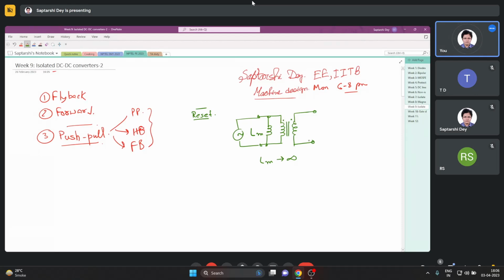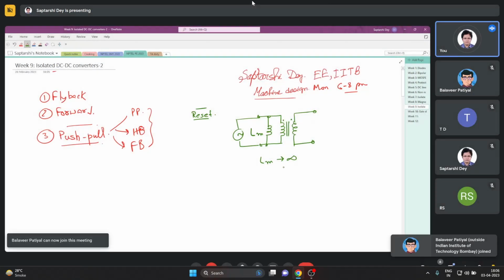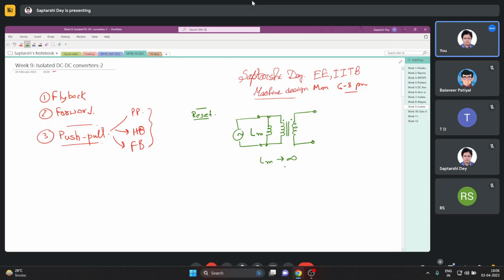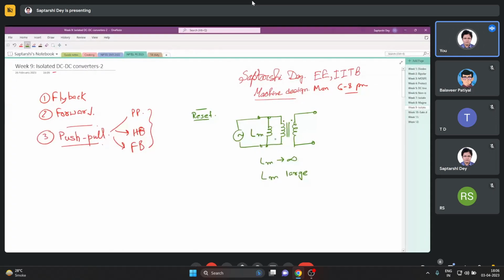But we are making practical converters here, so we cannot have a transformer which has infinitely large magnetizing inductance. We will try to design it in such a fashion that Lm is very large, but that cannot be infinite. Okay. If Lm is very large but obviously not infinite, then it will draw some current from the supply.